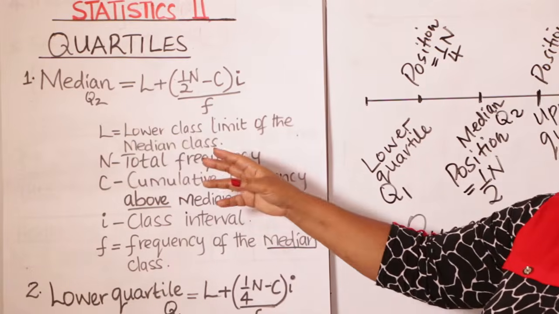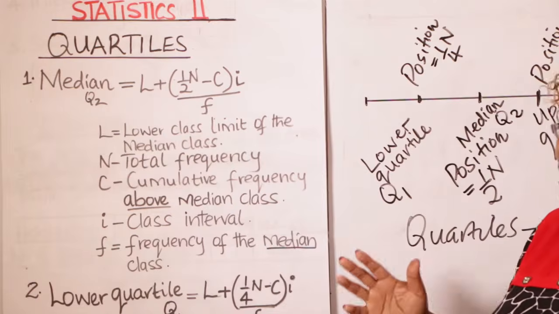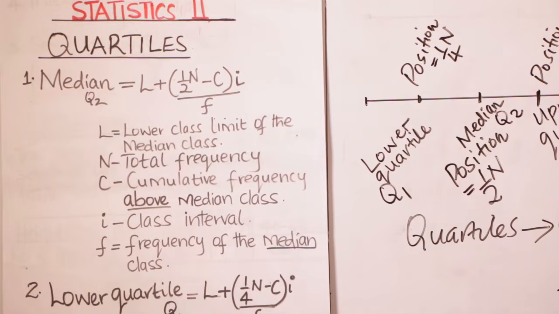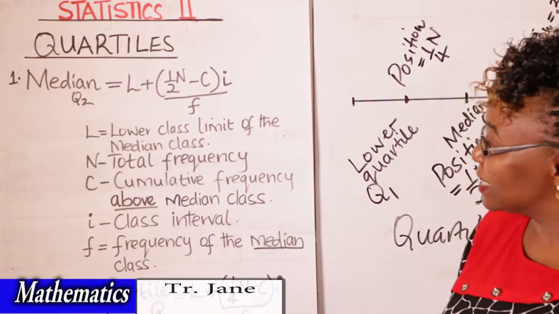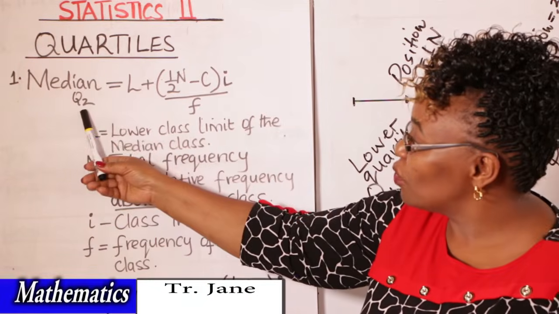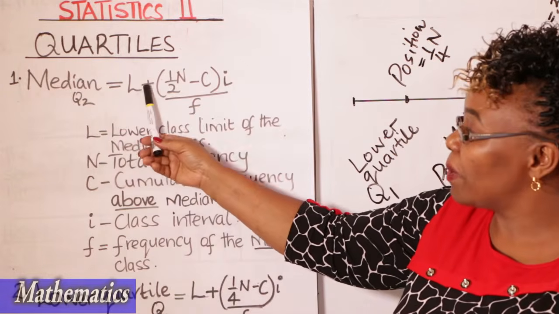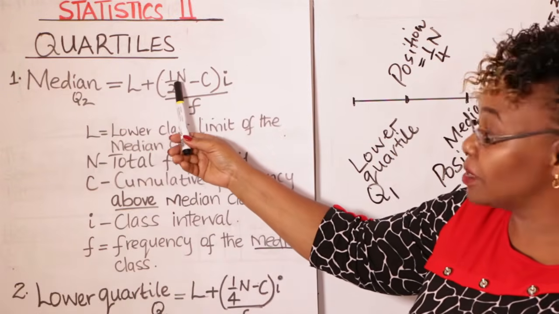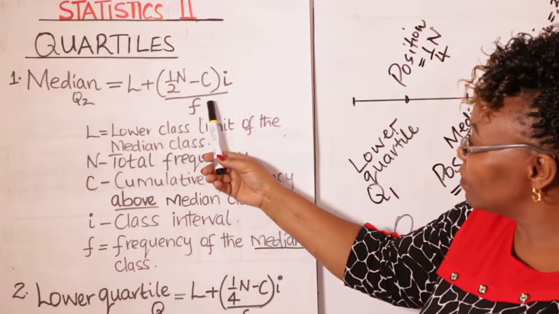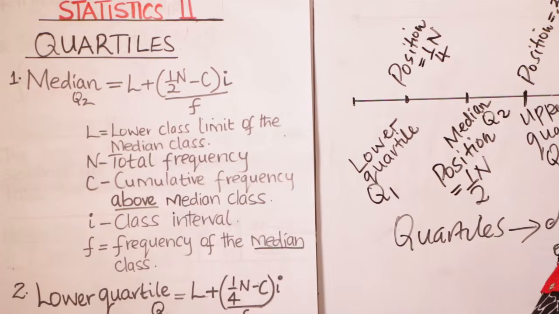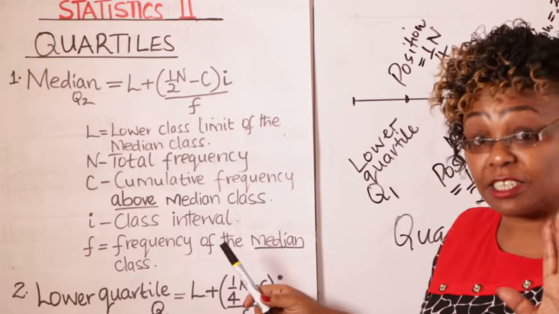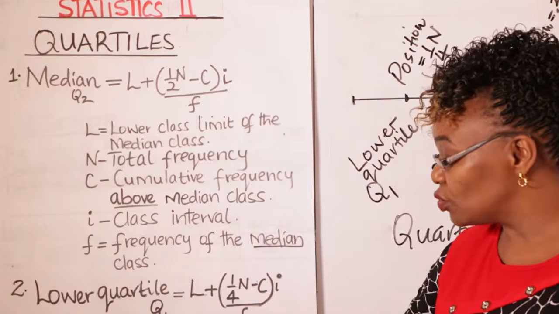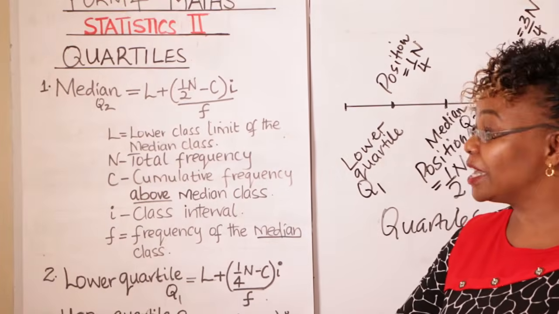Good. How do you find the median of a grouped data? You use this formula. Look at it. You need to master it. Median of a grouped data is given by L plus a half of n minus C, over F, times I. Because once we understand this and you did it in Form 2, we are just going to apply the same thing here.